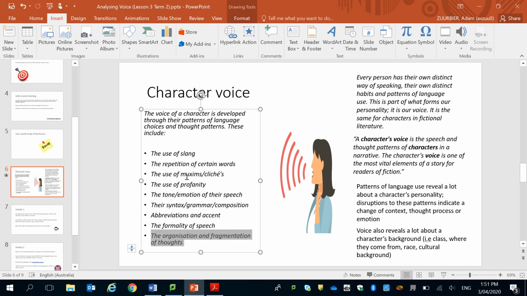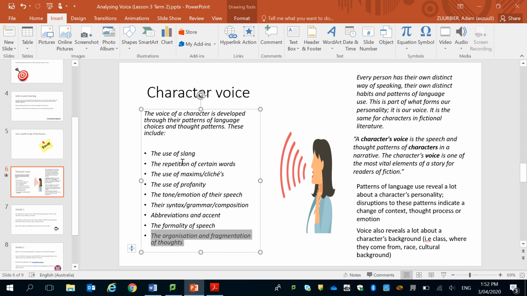So we're going to be looking for those patterns of language use in Jasper Jones' voice as a character. We may also, as we go along, identify certain other patterns of language use that are not reflected in this list here.